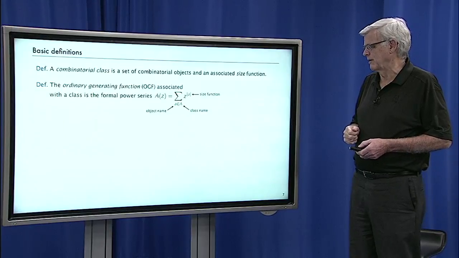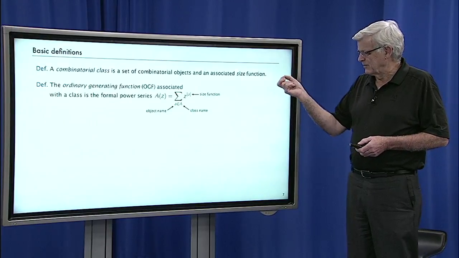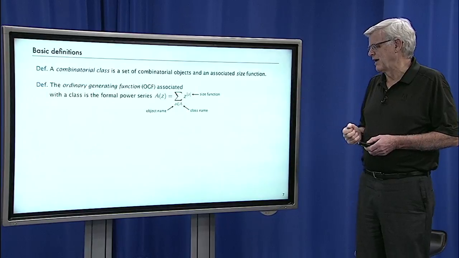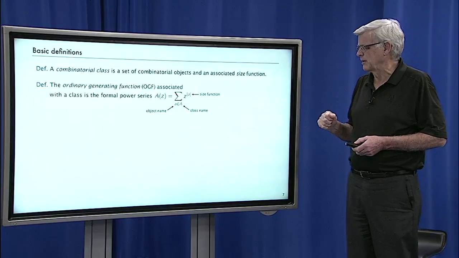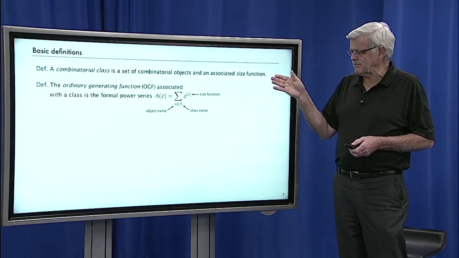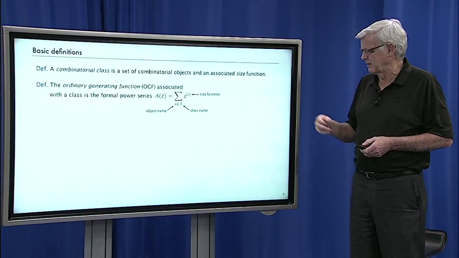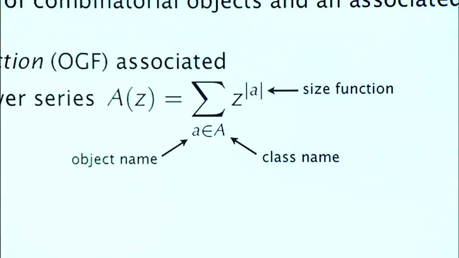That's the ordinary generating function. So the size function is like an absolute value, just says that's the size of the object. And then the class name is usually a capital letter with the same letter as the generating function. And then the object name is usually a lowercase letter of the same letter.